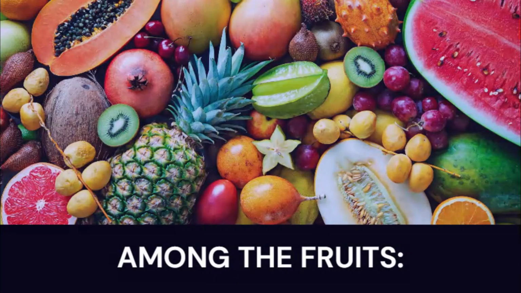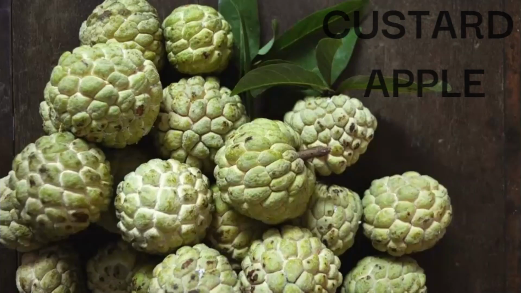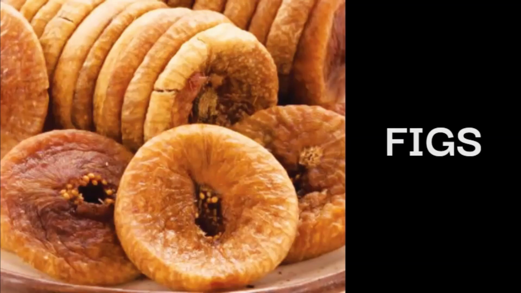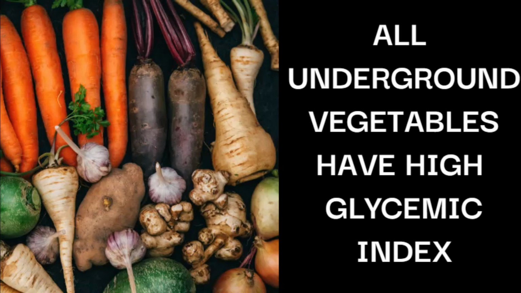Among the fruits, we have ripe banana, custard apple, chiku, dry fruits like dates, figs, and raisins. All underground vegetables have high glycemic index.